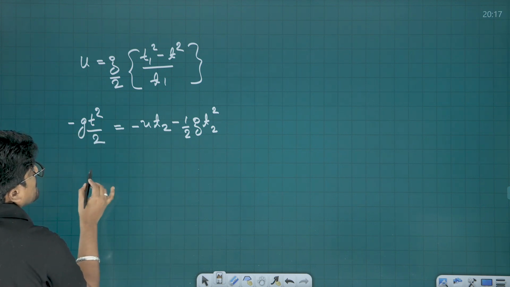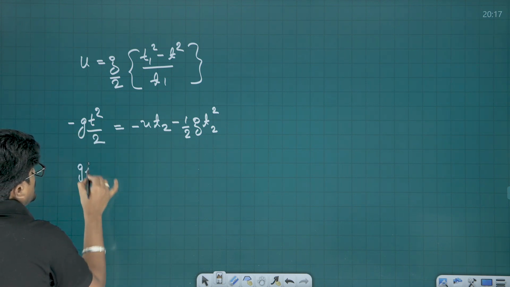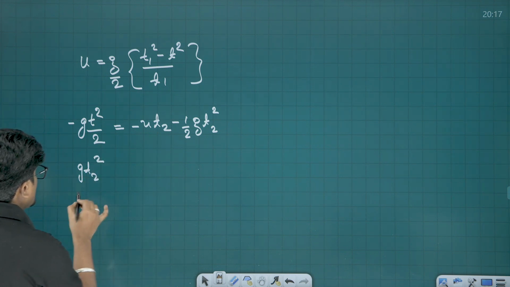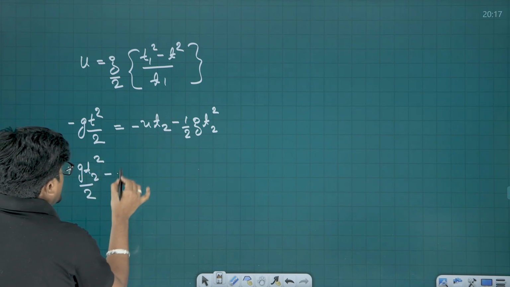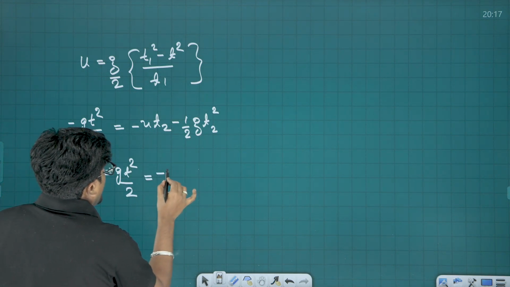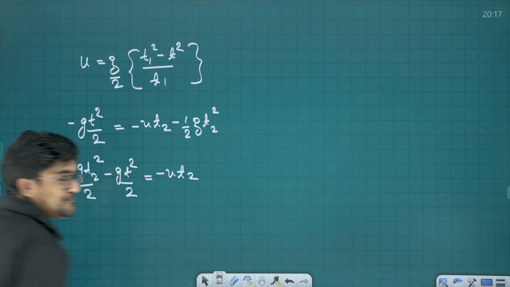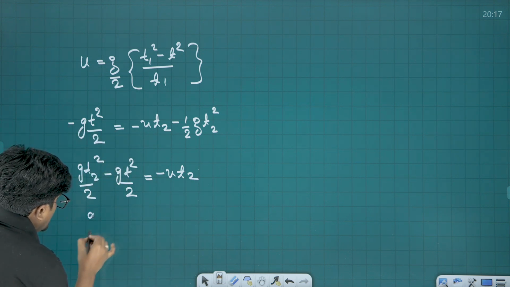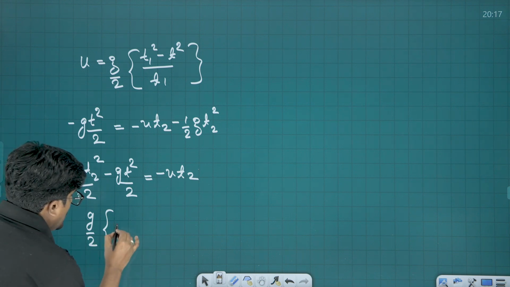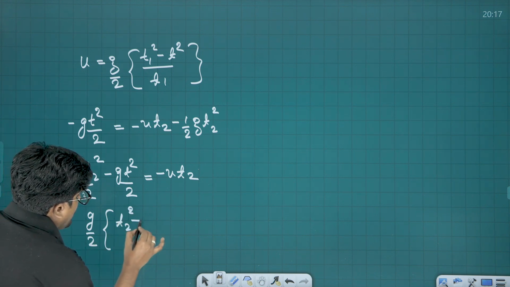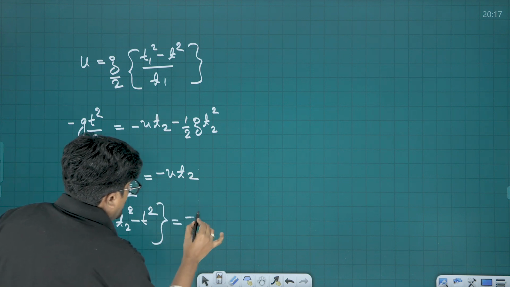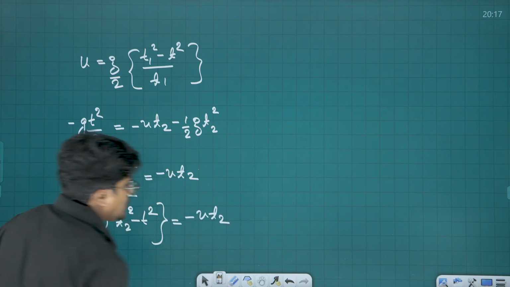Here it is going to be g into t2 square divided by 2 minus of g into t square by 2, that is equal to minus of u into t2. If I take g by 2 as common again, this is t2 square minus of t square is equal to minus of u into t2.